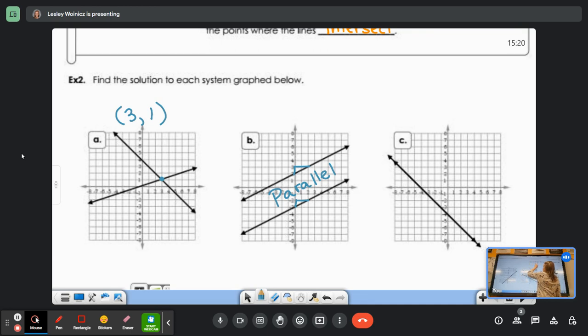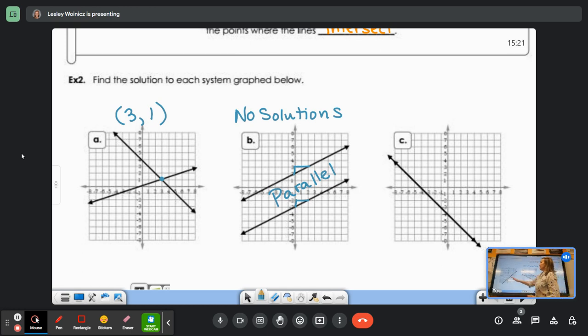So this has no solution. This is different from when we were solving quadratics and we would have no real solutions, because those could have imaginary solutions. This just doesn't have any solutions at all. Does that make sense?